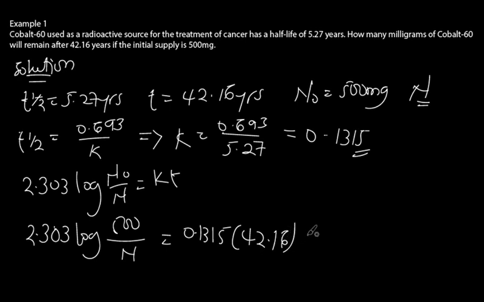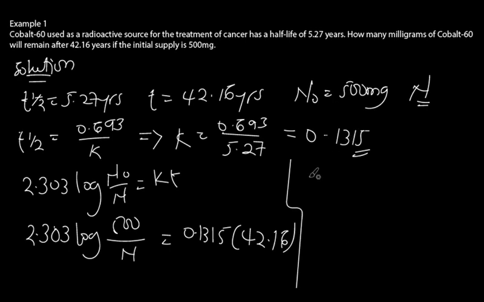From there, 0.1315 multiplied by 42.16 gives us 5.544.